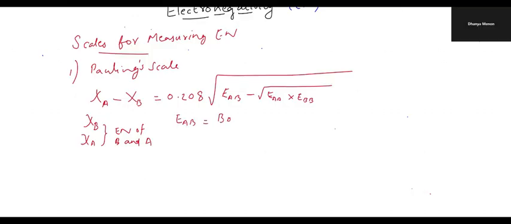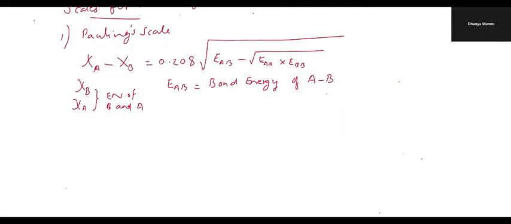Bond energy, what it is, we will be learning later. Bond energy of AB. The values will be given. It's basically the energy released when this bond is broken. That's bond energy.